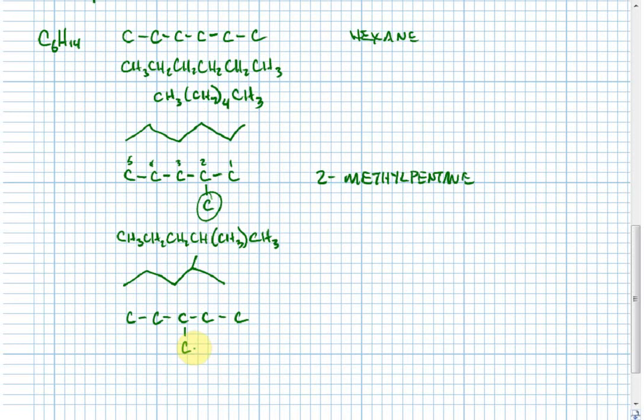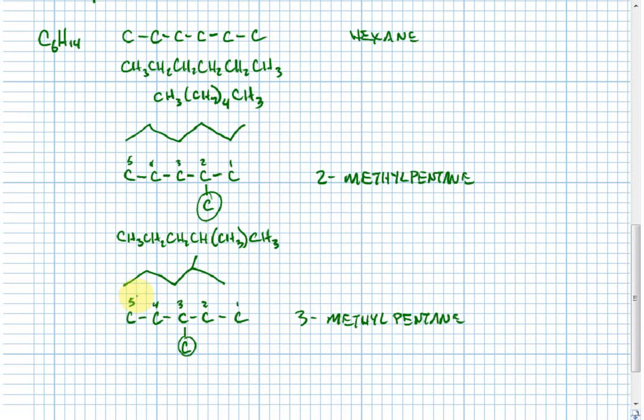What we're really focusing on here is the naming. And again, this is going to be pentane. We still have a methyl group, so it's methylpentane. And the last piece of information we have to get is what carbon it's attached to. It's 3-methylpentane. Again, that methyl group is attached at the middle carbon, carbon number 3.